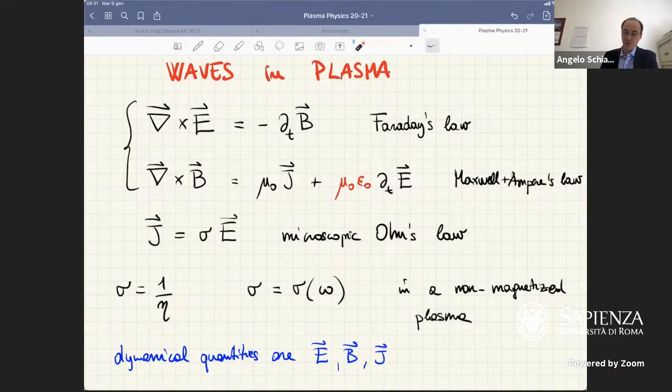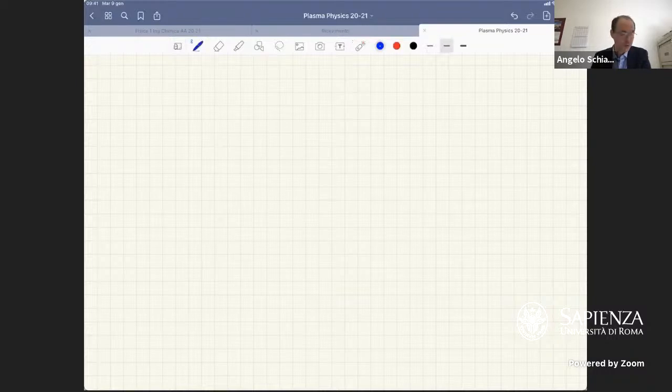Okay, so what we are going to obtain is a general dispersion relation for waves in the plasma that will be able to describe many different waves. So let's start our procedure by expressing this Faraday equation, linearizing them, and retaining only first order terms.